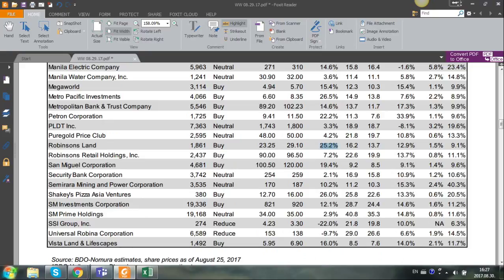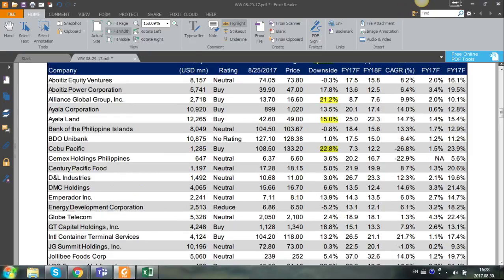Kaya lang ngayon, nagsa-sideways ang RLC. Medyo kailangan mo talaga ng patience kay RLC. So, medyo hindi siya pang mid-term, pang long-term siya. Alright, so yun.